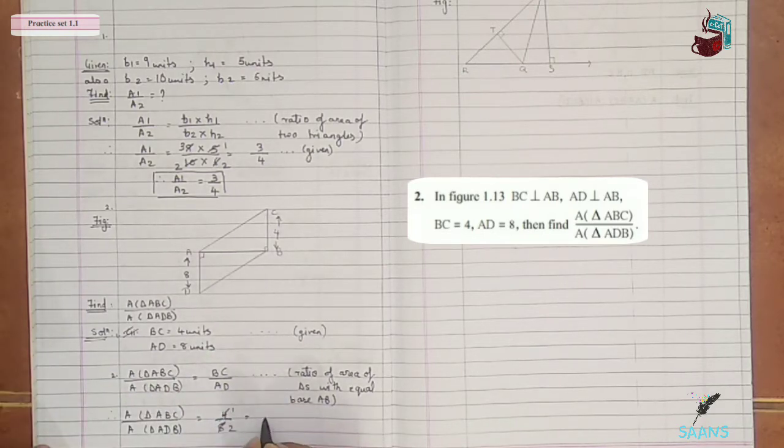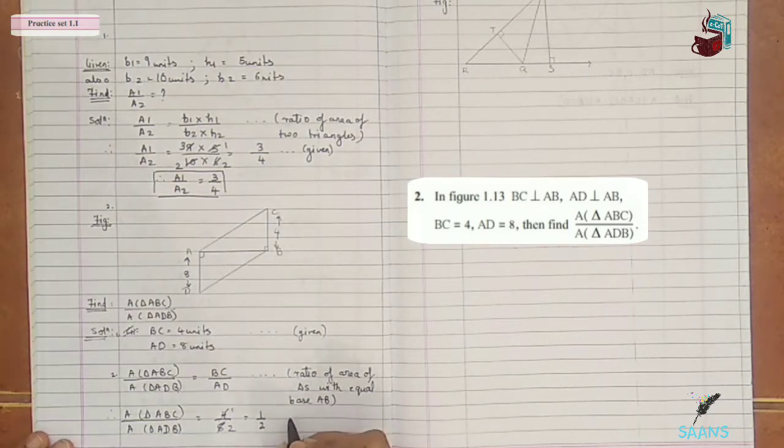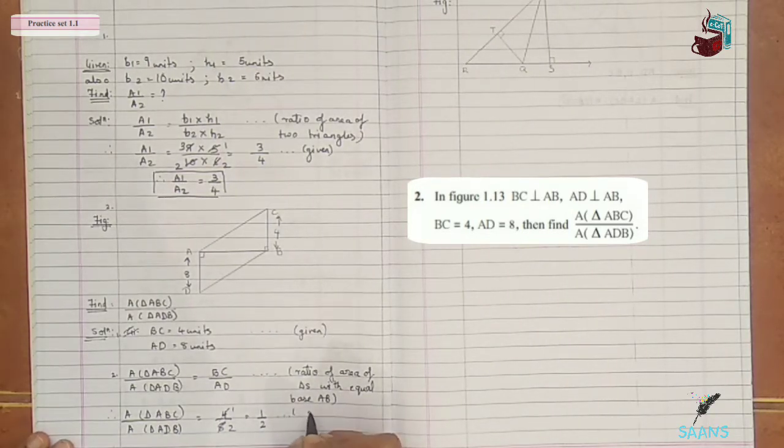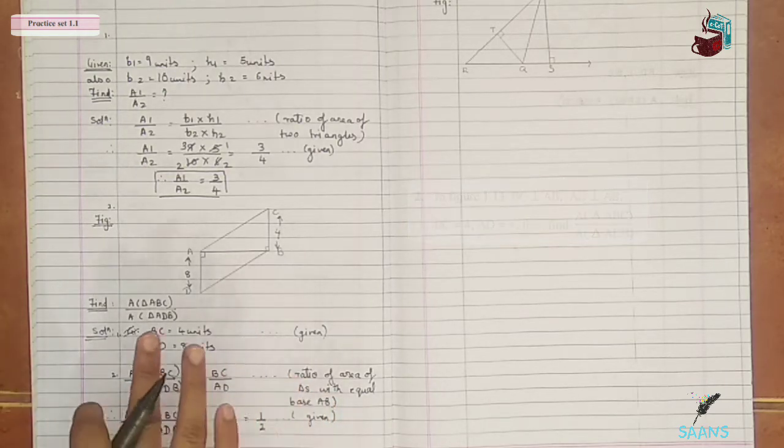That is 1 upon 2. Right over here. If I had place, I would have done the cancellation here and written the final answer after this. So, this is for this sum.